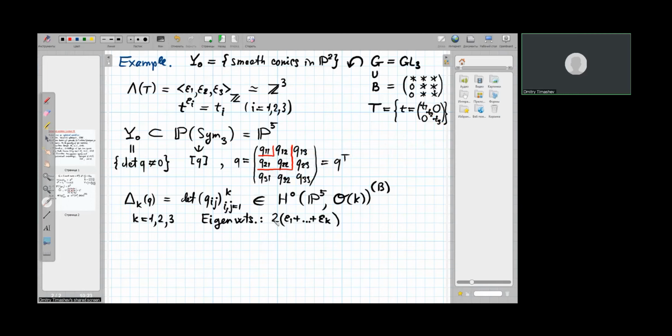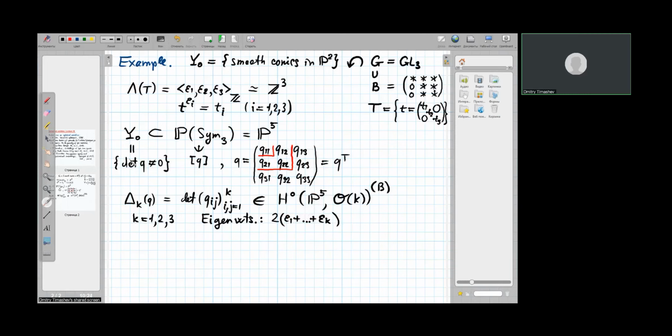This exactly means that the eigenweight is this one in the additive notation for weights. So we have these sections of homogeneous line bundles over the projective space of all conics in P2.